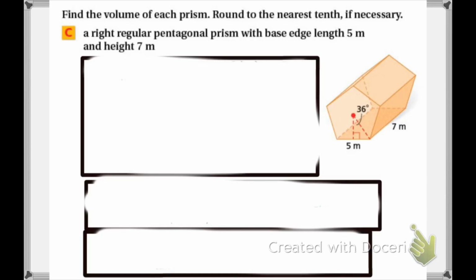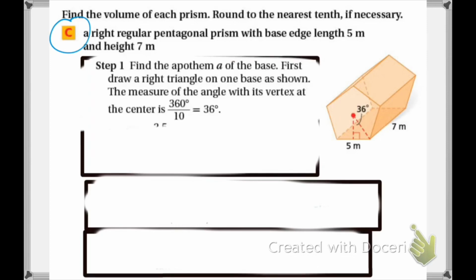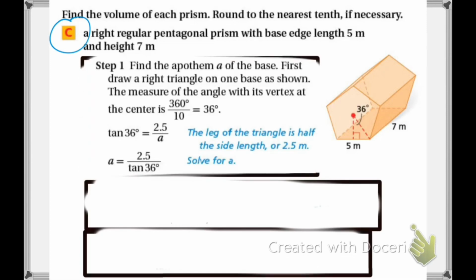So to do this, this is example C in the book from 11-2. I'll walk you through the steps of how to solve this really quick. First we need to solve for the apothem.